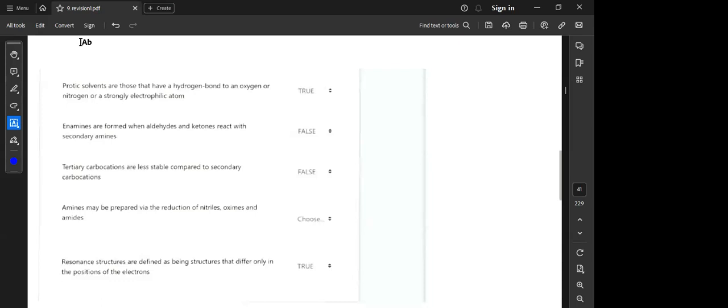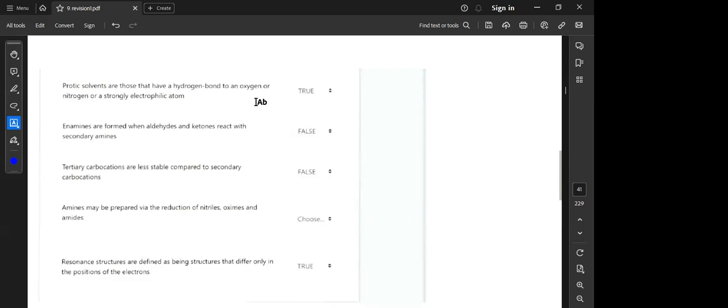Protic solvents are those that have a hydrogen bond to an oxygen or nitrogen or strongly electronegative atom. Protic means it's likely to give off hydrogen. Is that true or false? Yes, protic, that's true. Enamines are formed when aldehydes and ketones react with secondary amines.